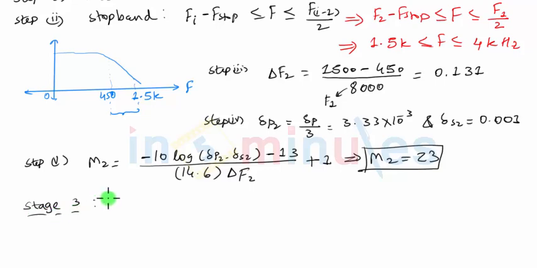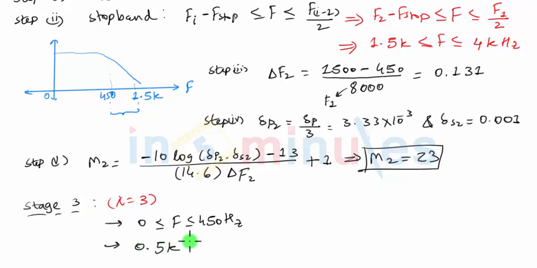Stage 3 means that i will now be equal to 3. All the formulas and everything will be exactly same. I'll just mention quickly all the points one by one. Passband will not change, so it's between 0 and 450 hertz. Stop band, this is pass band. Now stop band will be a new value.